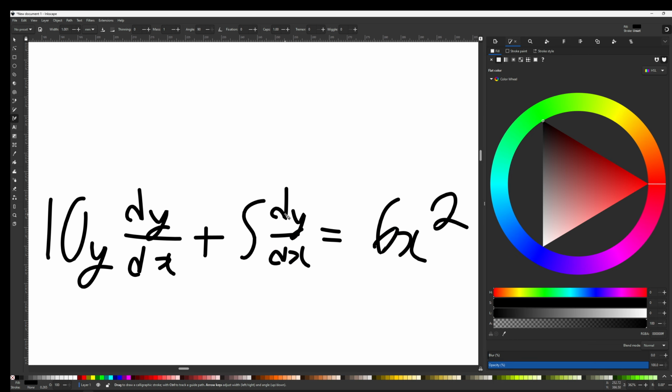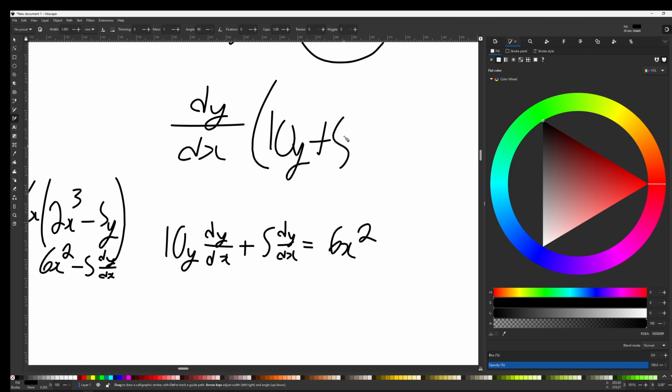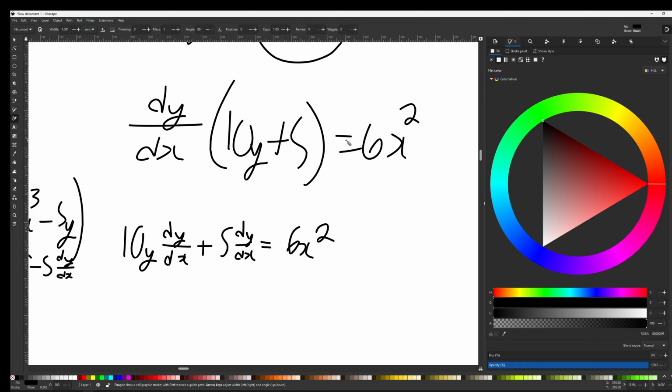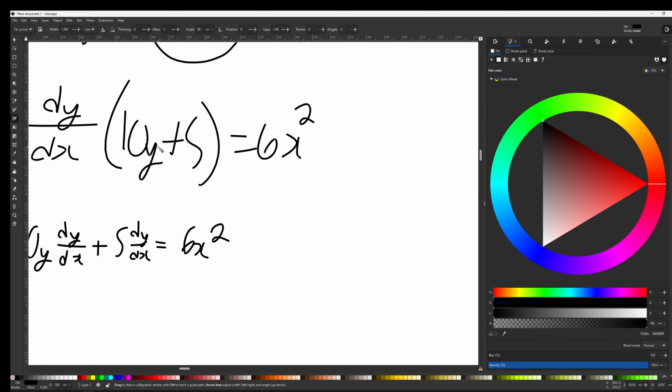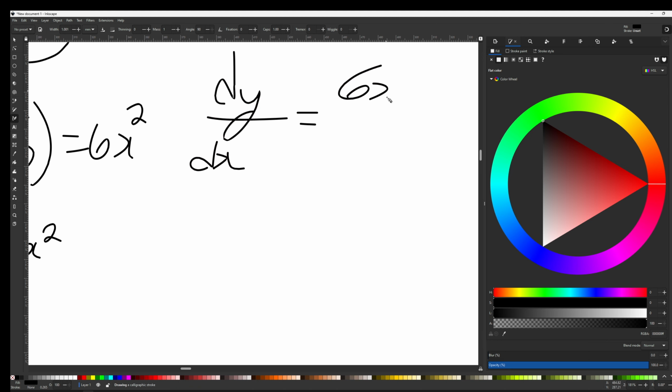Here we can factor out the dy/dx. So we're going to have dy/dx times (10y plus 5) is equal to 6x squared. And finally, we can divide both sides by 10y plus 5. So dy/dx is equal to 6x squared divided by 10y plus 5.